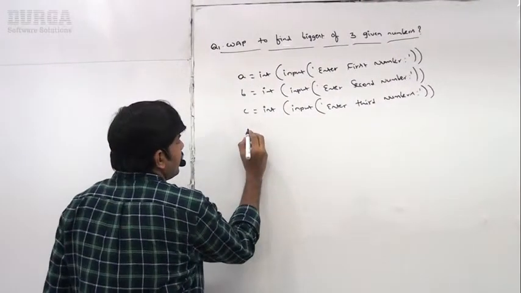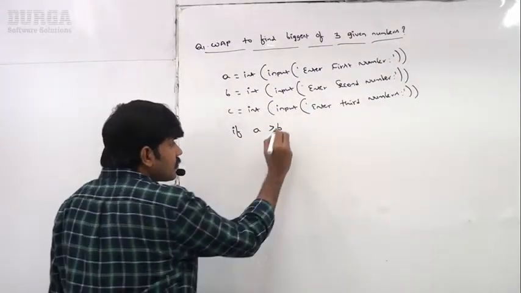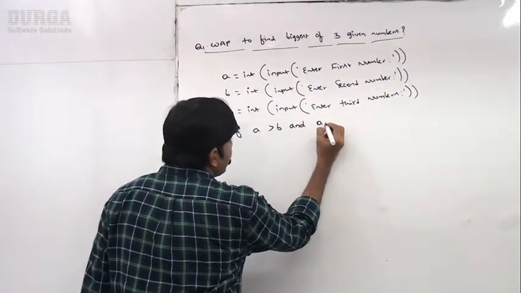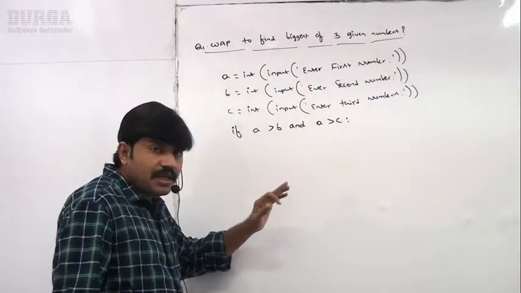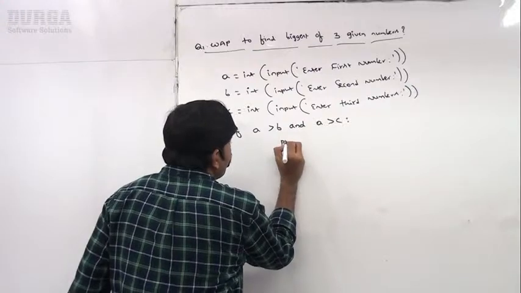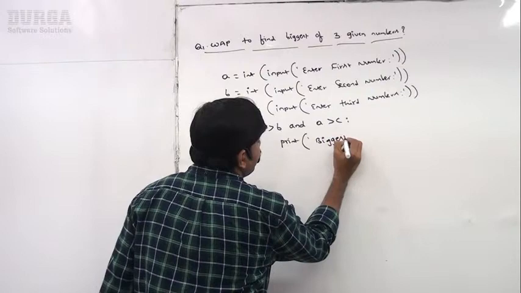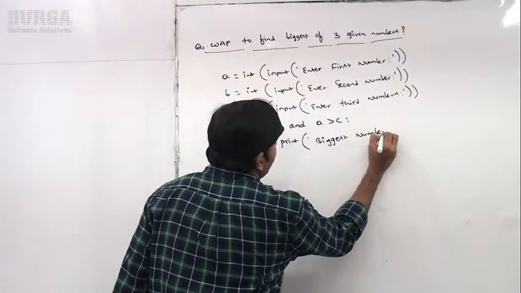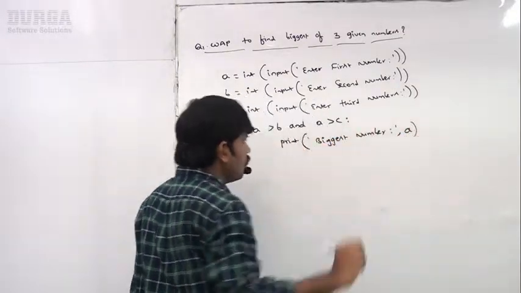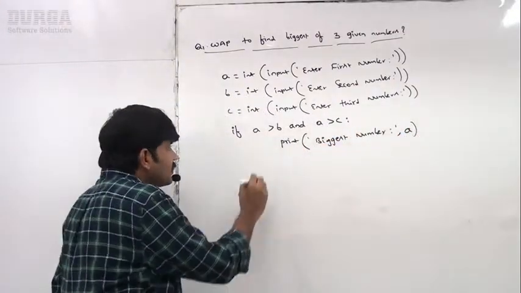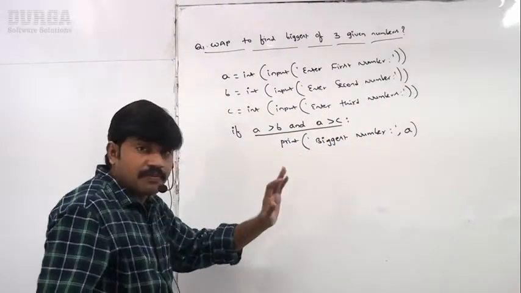Observe carefully, sir. If a greater than b and a greater than c, print biggest number is a. If the condition a greater than b and a greater than c is satisfied, the biggest number is a.